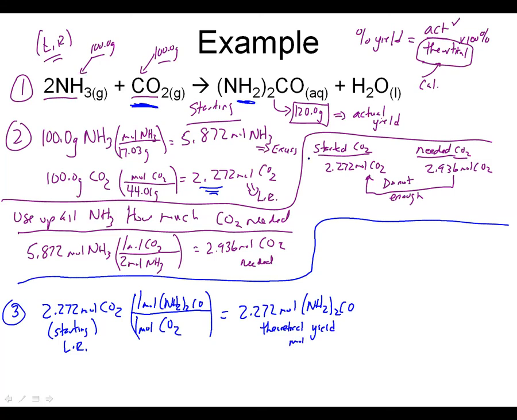But since our actual yield's in grams, we probably want to continue on and do step number 4, which is use the molar mass. We could use the same numbers we used in the previous example, because it's the same thing. I believe that number was 60.06. Looks right. If you didn't have it, you would go to the periodic table to get that.